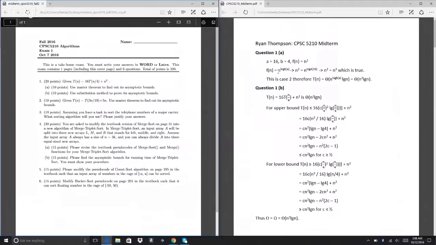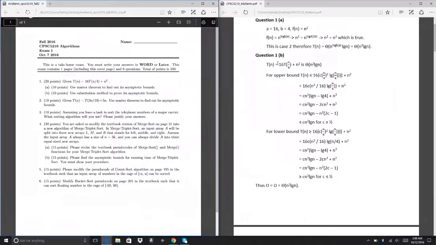Here we're going to try and see if f of n is equal to n^(log_b a). Here b is 4, a is 16, and the forms work out, n squared equals n squared, which is true. So this falls into case 2. Therefore, the total runtime is equal to n squared log n.